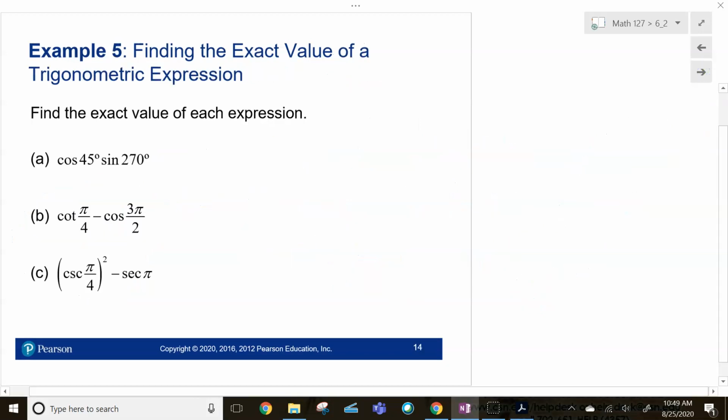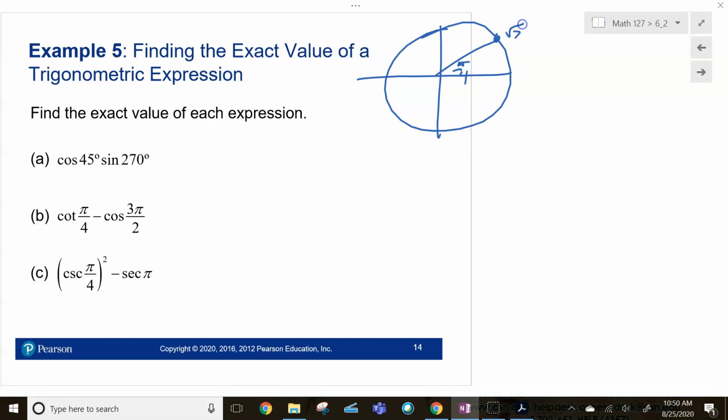Now let's do another one here. Let's find the exact value of each expression. They're saying cosine 45 degrees. I look on my unit circle and find the 45 degrees, pi fourths, and find that spot. The x value is root 2 over 2 because it's the cosine.